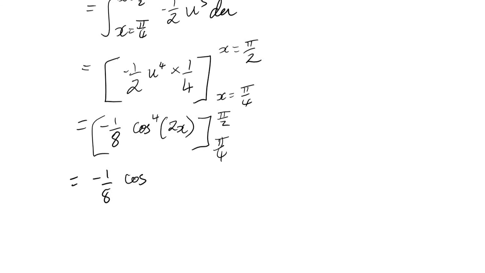Cos of, so if we put pi on 2 in, it should always be the upper bound that goes in first. 2 times pi on 2 is pi. Minus, then we're going to substitute in pi over 4. Pi over 4 times 2 is pi over 2.